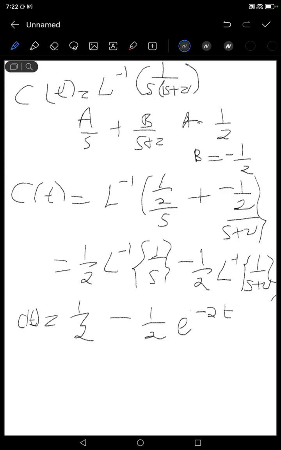Moving forward, we're going to do the translational mechanical system and rotational mechanical system transfer function. So we're going to do a translational mechanical system transfer function.